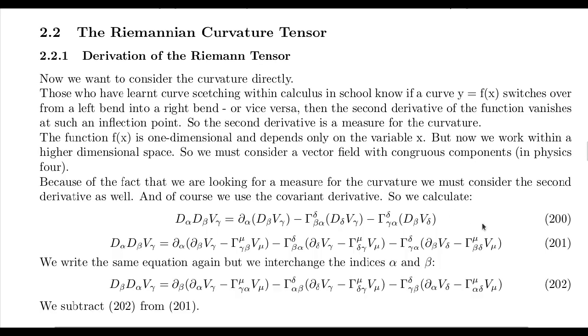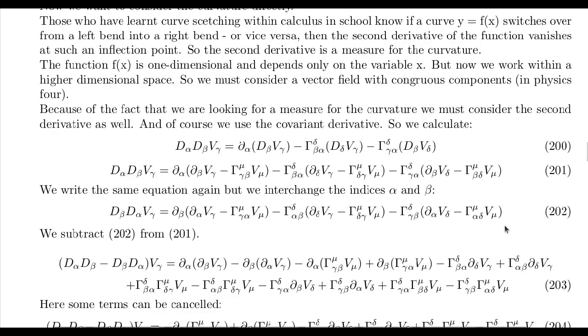Then in the next line, 201, we carry out the second covariant derivative. So we get this result. And then we write down the same equation again, but we exchange the 2 indices alpha and beta, and so we get equation 202.